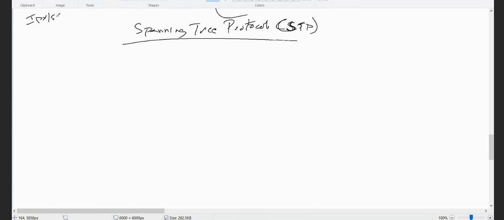IPX, SPX architecture, developed by Novell, if I'm not wrong. So TCP/IP was there, IPX was there, some networks were using them. Today we don't even talk about it. Like IPX, what is that? Some old, outdated protocol technology.